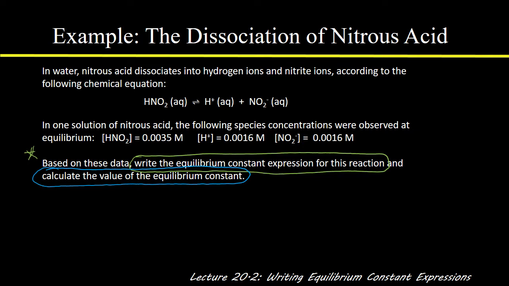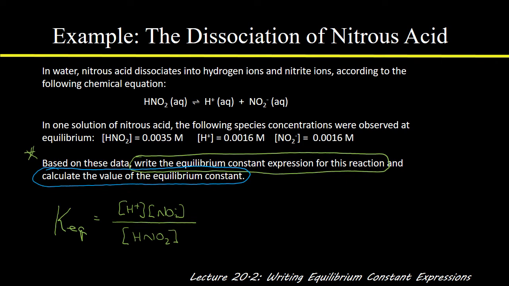All right, so for the first part, write the equilibrium constant expression. We would just write this like this. KEQ is equal to the concentration of the products, hydrogen ions and the concentration of the nitrite ions, divided by the concentration of the reactant, which in this case is nitrous acid.